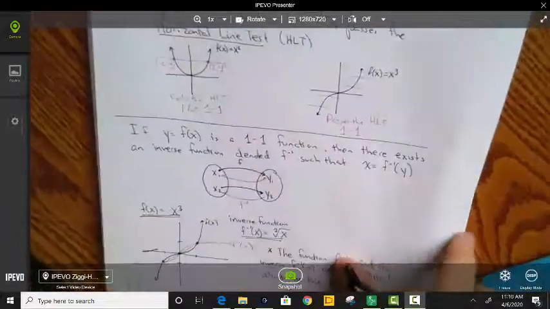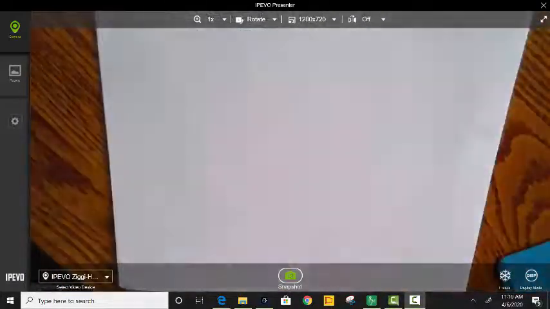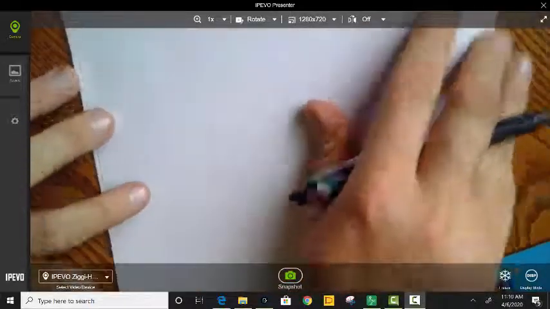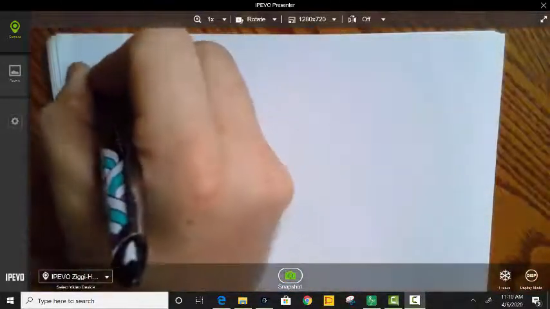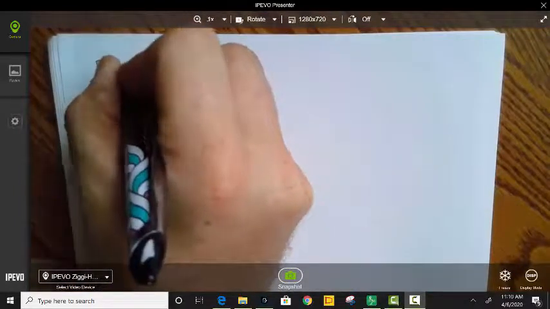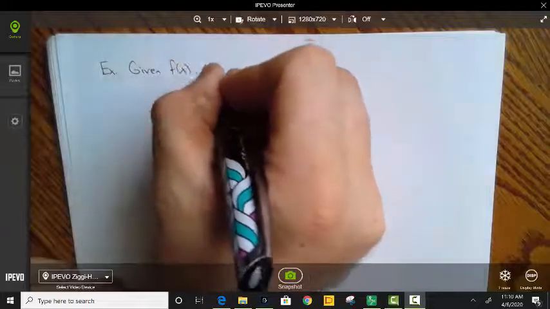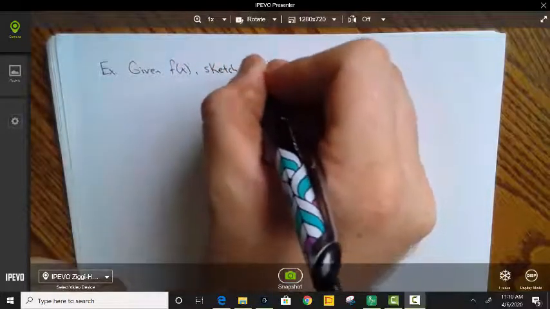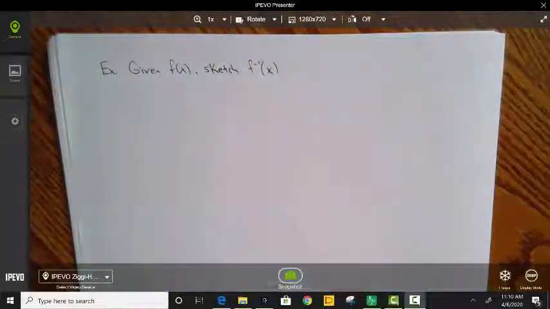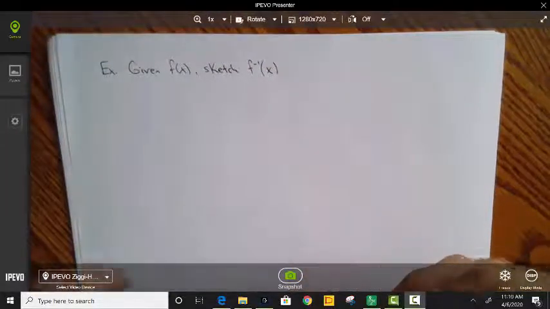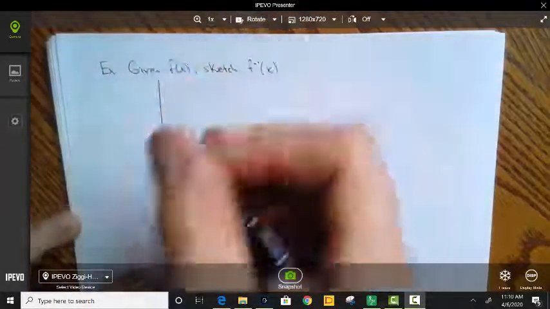Okay, and so let's do an example of this. Here's an example. Given f of x, sketch f inverse of x. Alright, and let's say we're given this graph.